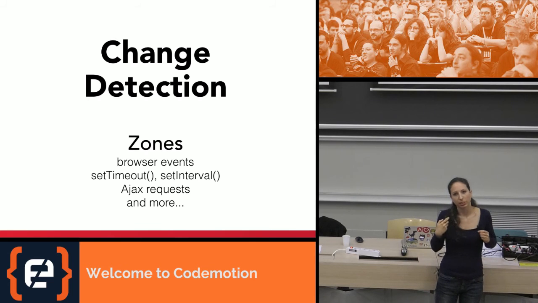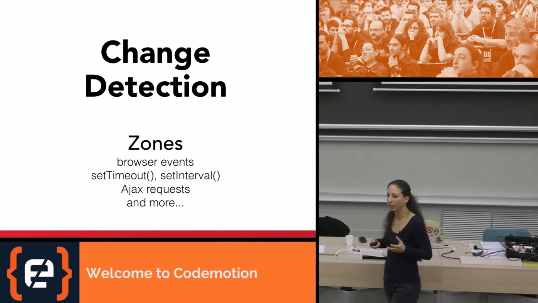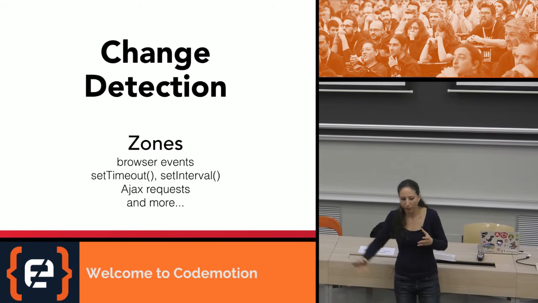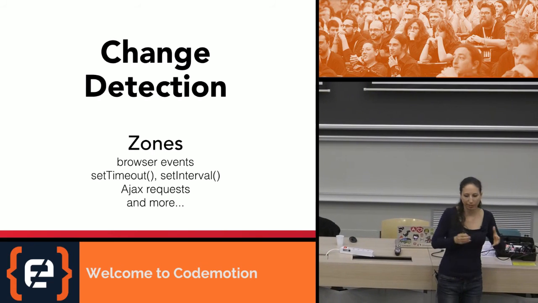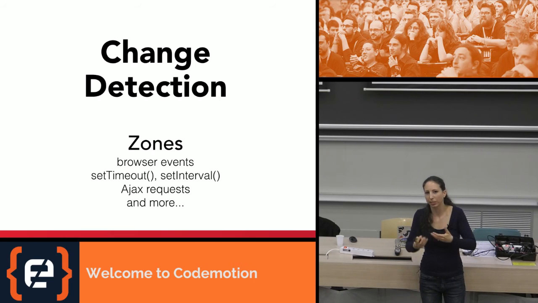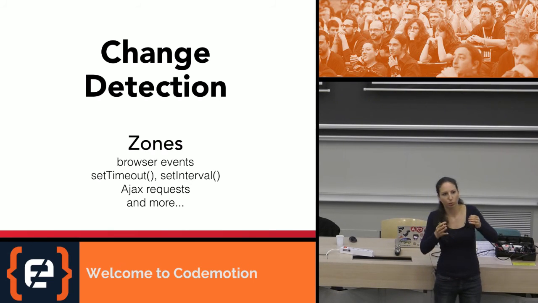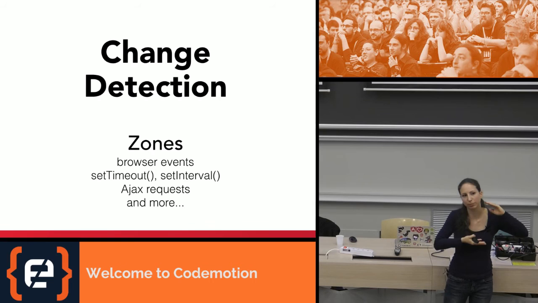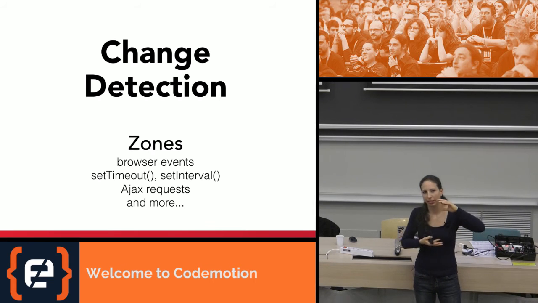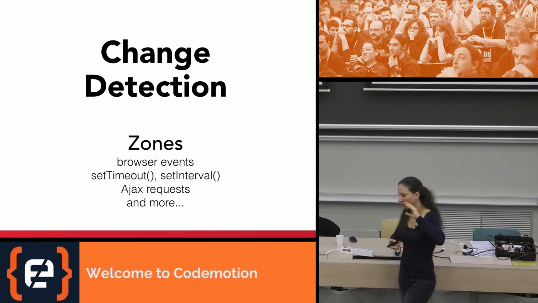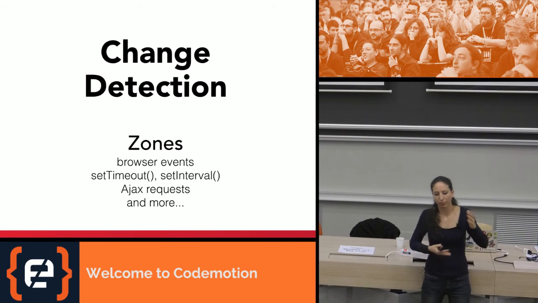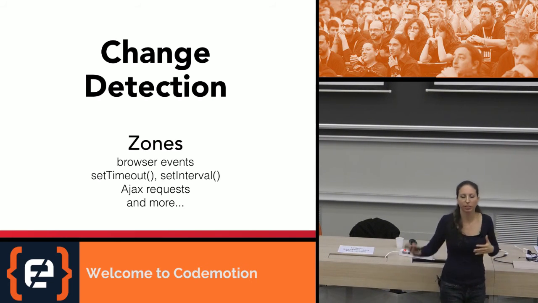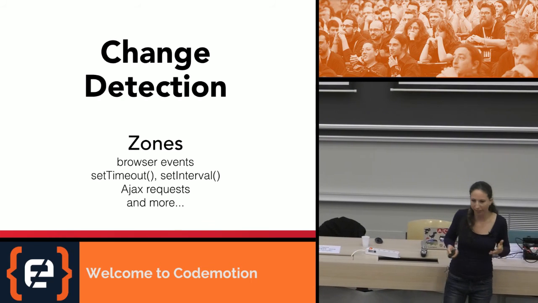It uses Zones, a new library that just takes over your application, all the components. It just adds its code, its abilities to JavaScript scopes that can be fired and called in different ways.